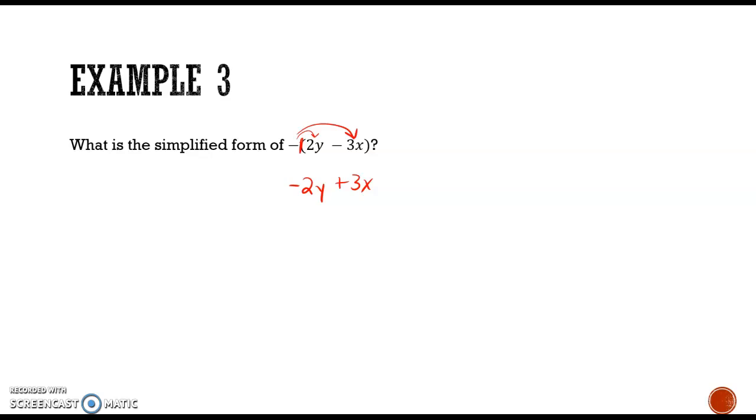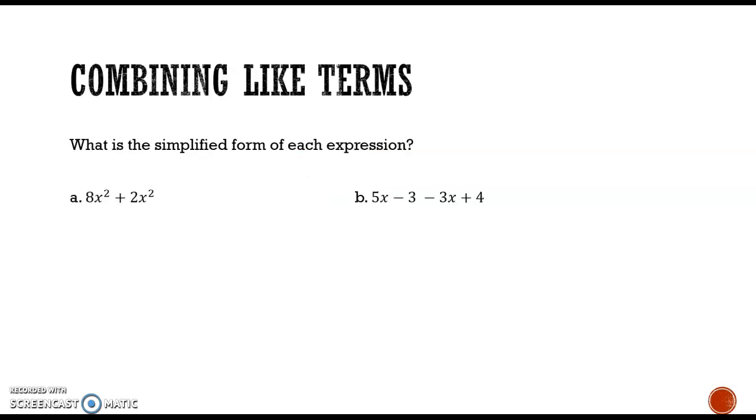We can't get any more simplified than that, because there's an x and a y, and that's as far as they will simplify. All right, so here we have some combining of like terms, and we're asking what's the simplified form of each expression. Now, the reason they want to put this with the distributive property is they're wanting you to kind of use that property.